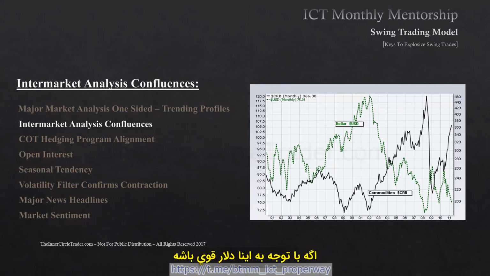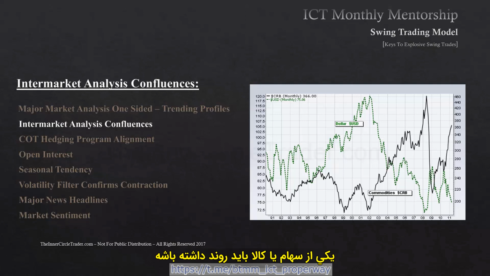If the dollar is strong in those classifications, then we can see bearishness in foreign currencies. And if the dollar is weaker, you pair that up with stronger foreign currency, and it goes without saying that's how we use the confluences for intermarket analysis. So we look for trending environments as a whole.